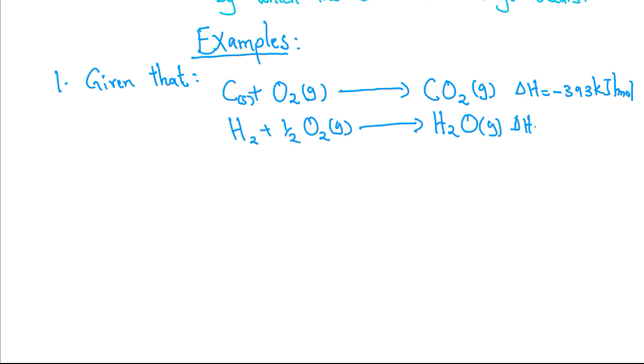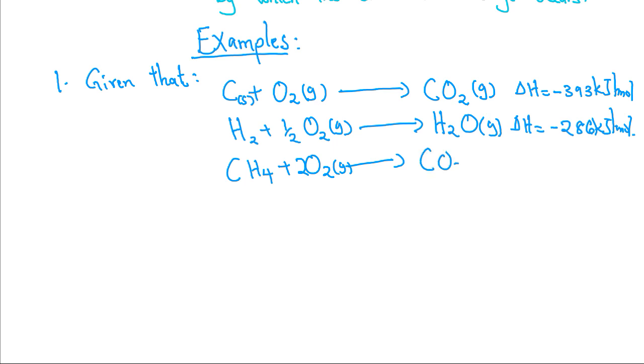Delta H is negative 286 kilojoules per mole. Methane will undergo the same combustion, 2 moles of oxygen gas required to form carbon dioxide and water. Delta H for that is negative 890 kilojoules per mole.